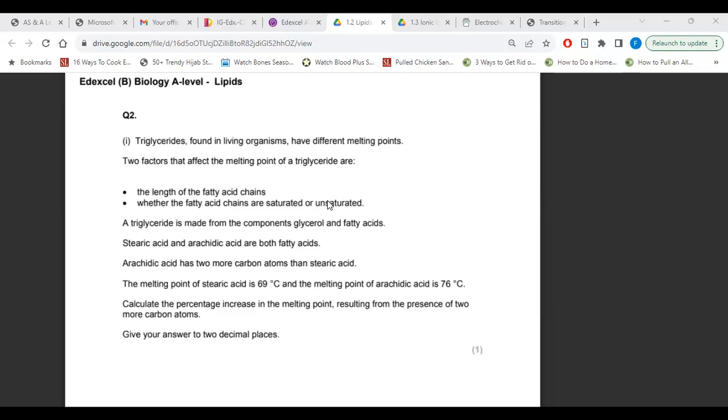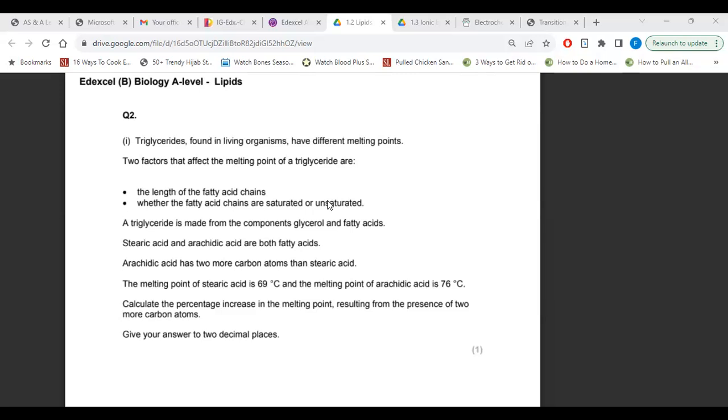The melting point of stearic acid is 69 and the melting point of arachidic acid is 76. Calculate the percentage increase in the melting point resulting from the presence of two more carbon atoms. Give your answer to 2 decimal places. Now, you're going to see quite a lot of questions like these.